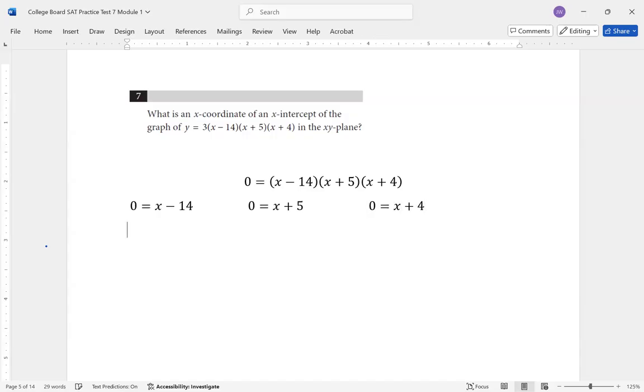So any of those 3 options would work. And you can see that in the first one, we get x is equal to 14. In the second one, we get x is equal to -5. And in the third one, we get x is equal to -4.